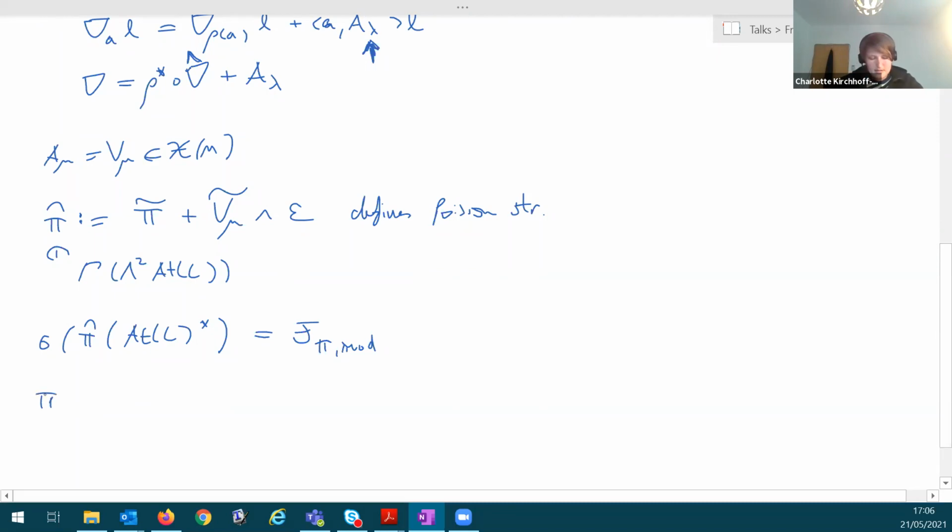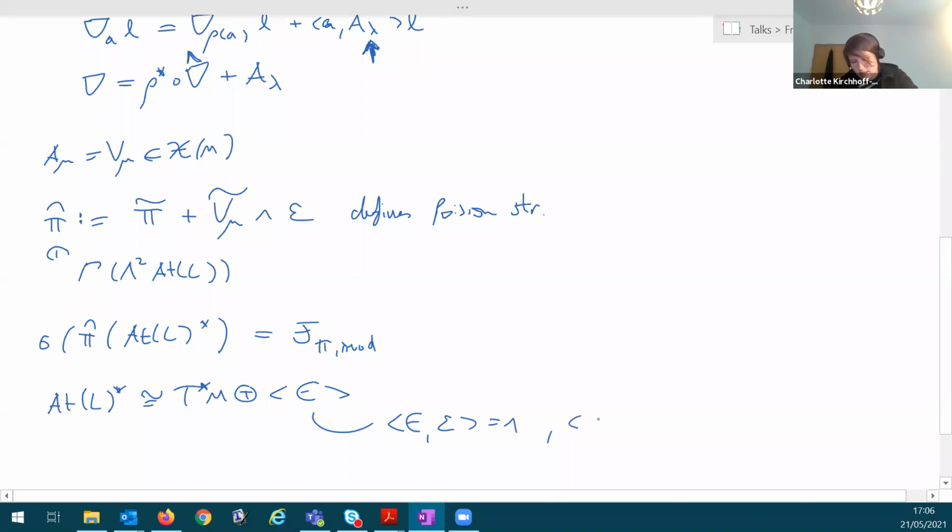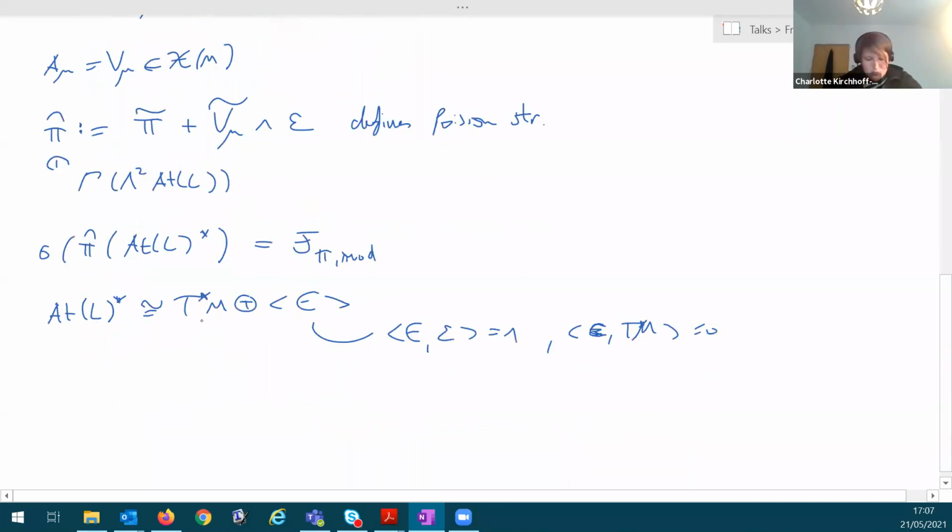Okay, and this is not that hard to compute. So if you like, at L star, with our choice of splitting, it is split into T star M plus E, where E is the element that pairs to 1 with the Euler vector field and pairs to 0 with Tm. So this is the splitting induced on the dual by the choice of local splitting of the Atiyah algebroid.